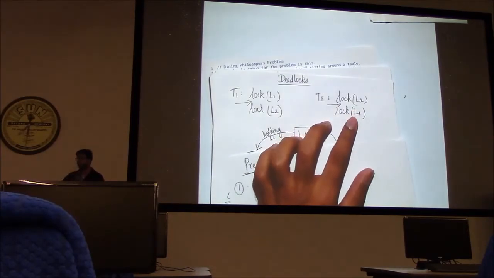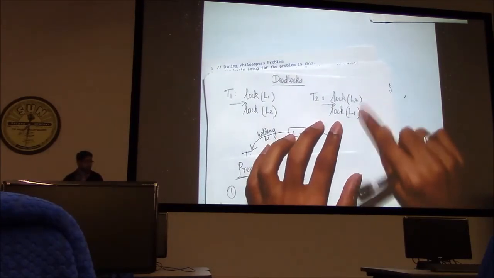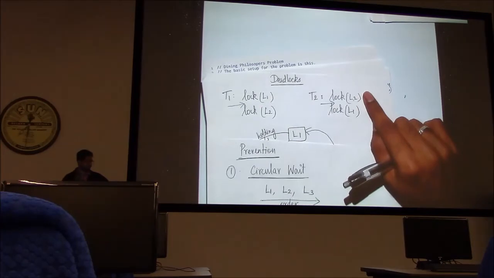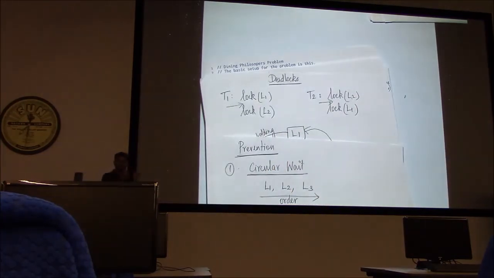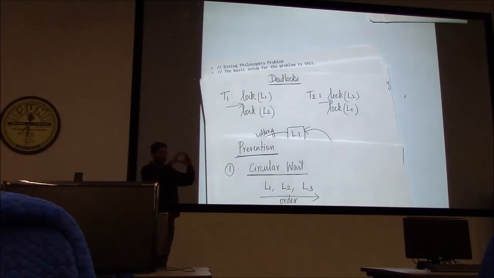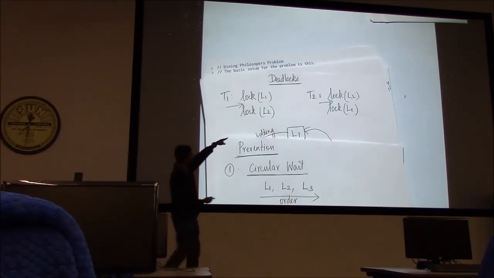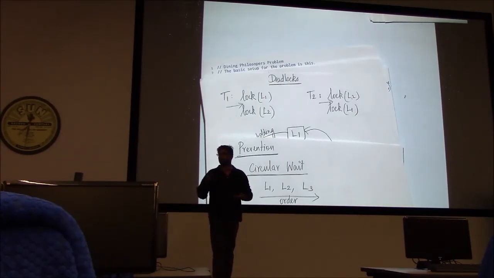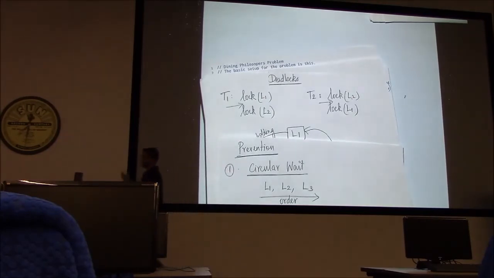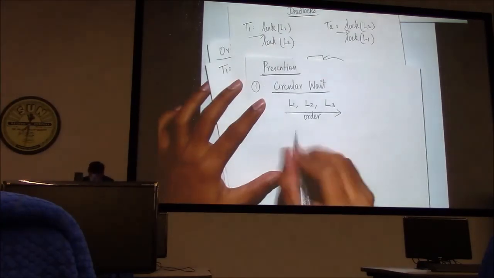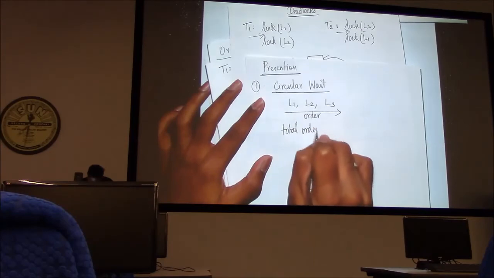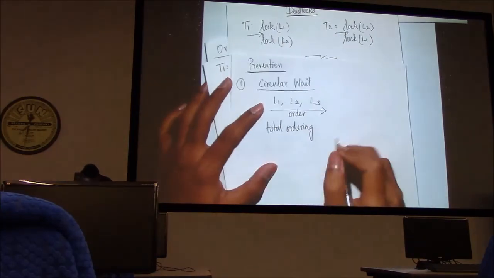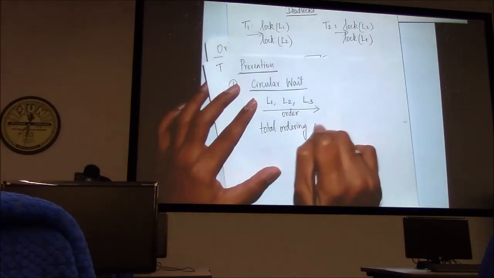It's not that people can't write code the other way; if they do, it's going to cause a deadlock. But in a code base using this technique, the two locks should always be acquired in the order L1 and then L2, and we should not acquire L2 before L1. This is called the total ordering of lock acquisition.